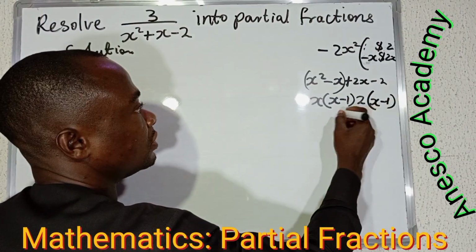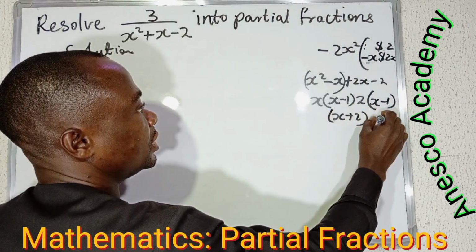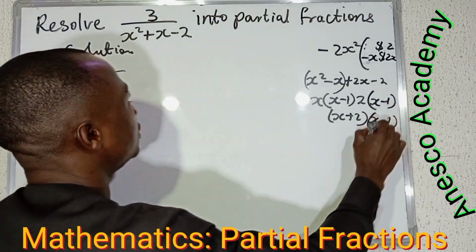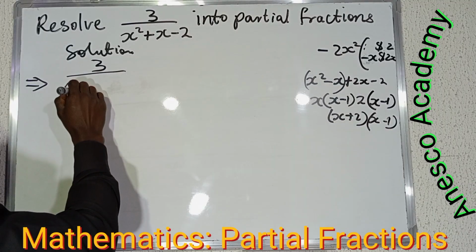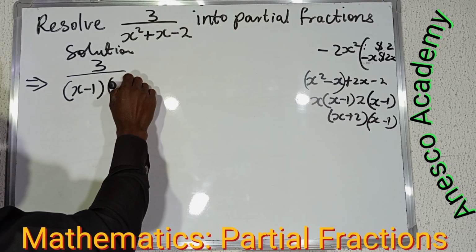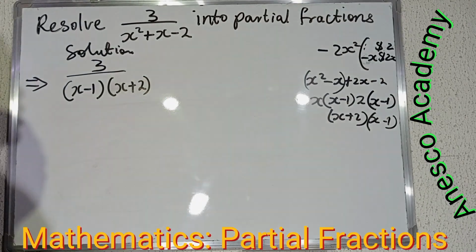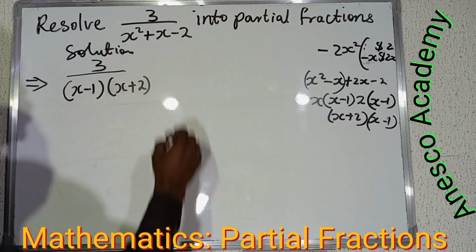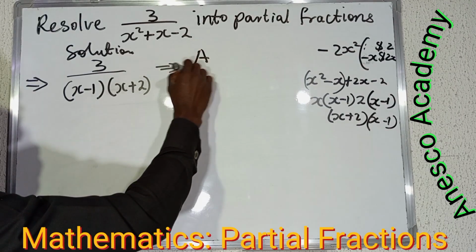You see, these two are the same. You have x plus 2 and then x minus 1. Now this is the same thing as x minus 1 times x plus 2.